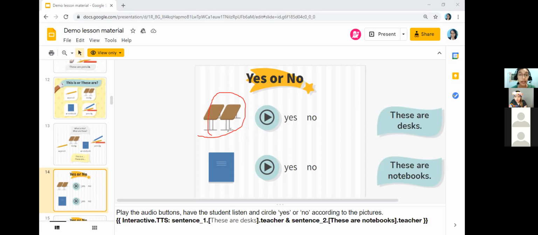These are desks. Yes. No. Okay, well done. Circle, Ina. Circle.